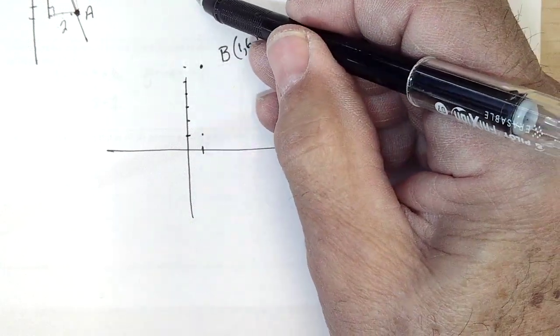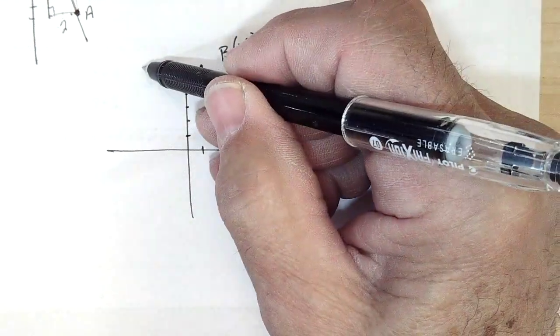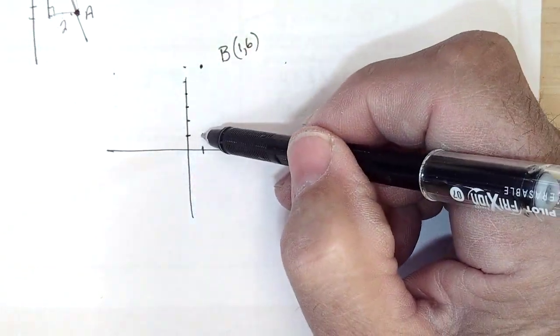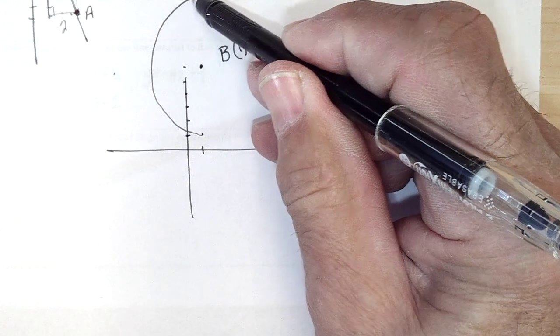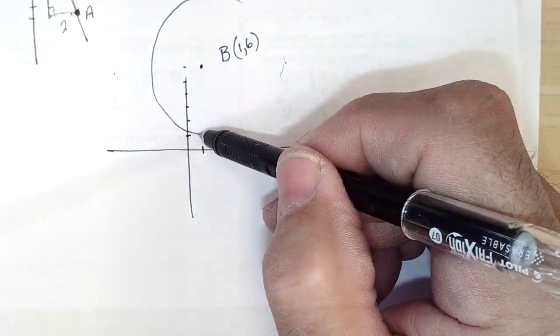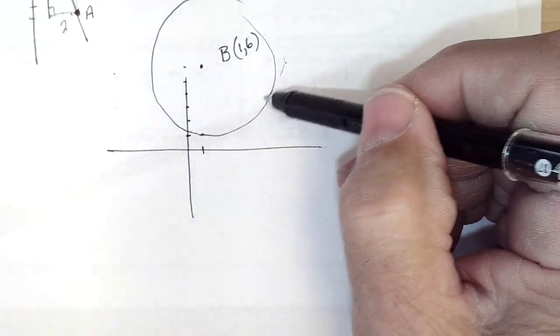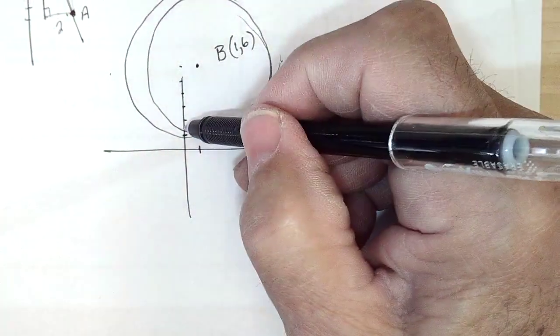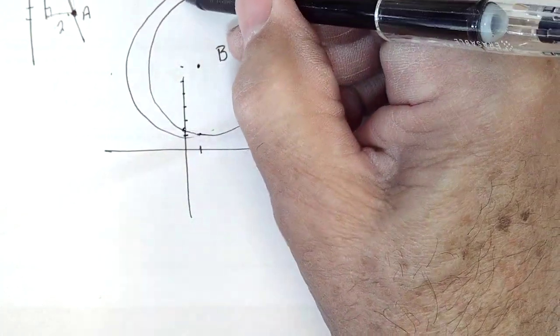or up here, or over here, or over here, but also a bunch of places that would make a circle. If I'm going to be 5 units away from that point, it should be something like that. So there's going to be 2 places on the y-axis.